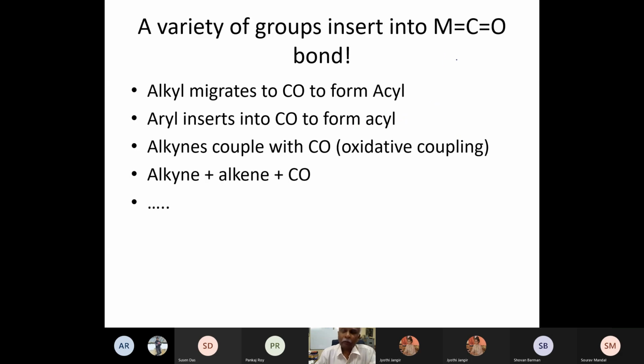In all these processes, there is an insertion reaction where carbon monoxide is inserted into the M-C bond, either an alkyl or an aryl species. That's a one electron ligand.